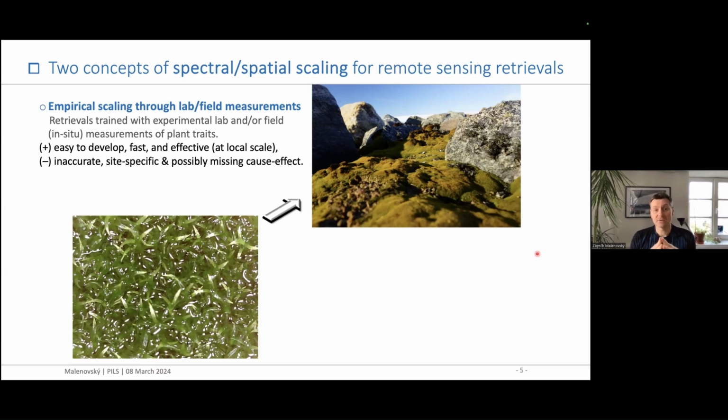It can be inaccurate to a certain extent, and it's site-specific. And possibly as well, if we just try to fit the relationship between what we measure at the ground and our remote sensed signal, we might miss the causality, so the cause effect might not be established as a primary cause effect, but we can be looking into secondary or even tertiary effects.